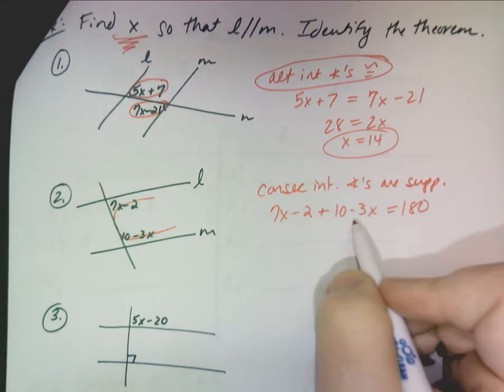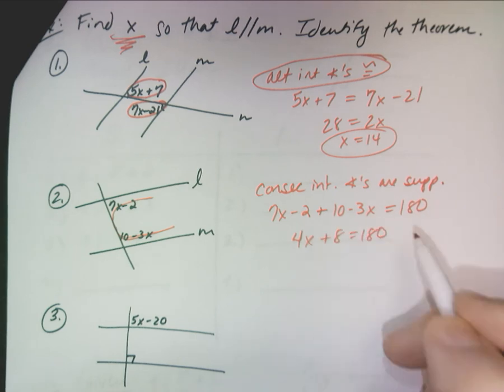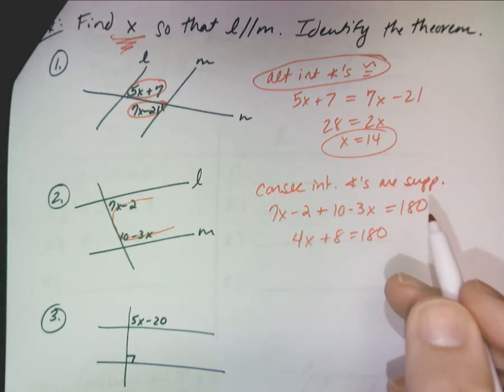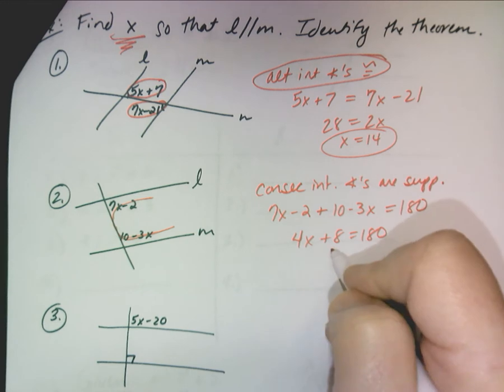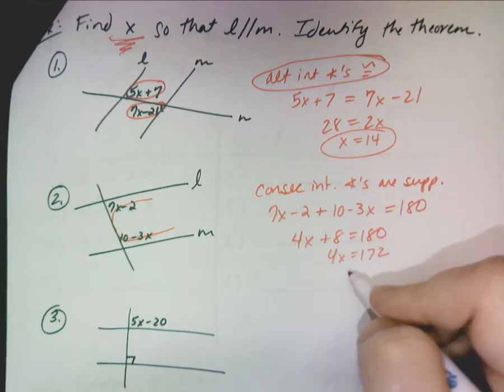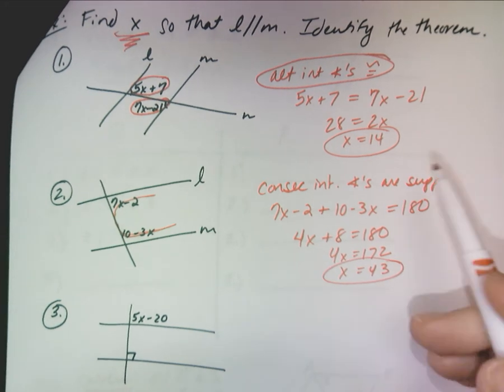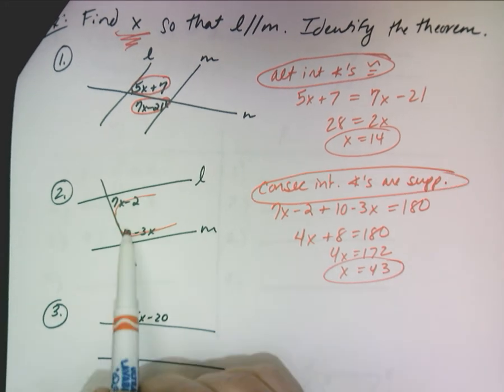And so let's solve for x. That would be 4x plus 8 equals 180. And then do minus 8 would be 172. And divide by 4, 43. That's what x equals. So they are consecutive interior angles, which are supplementary.